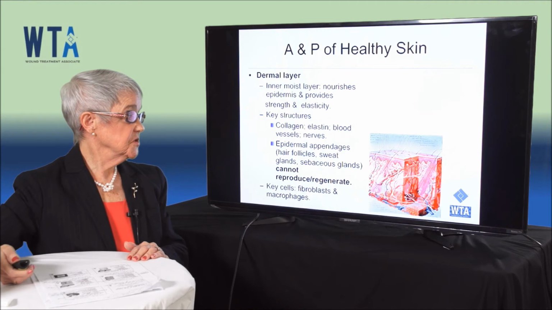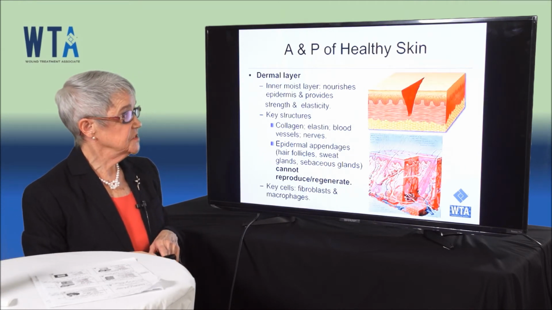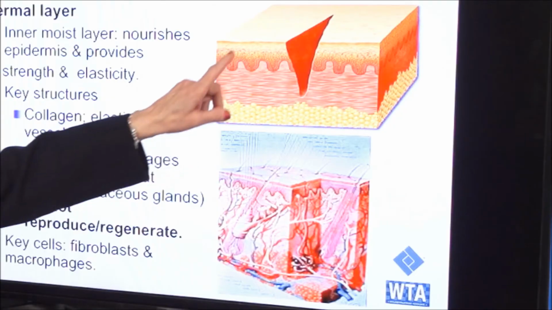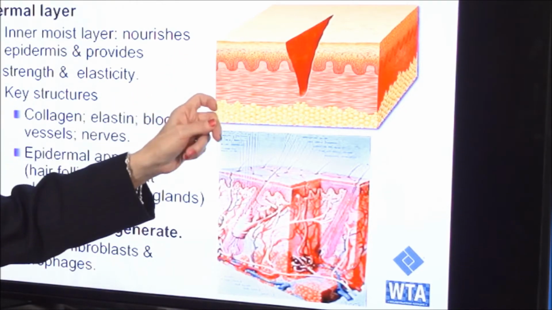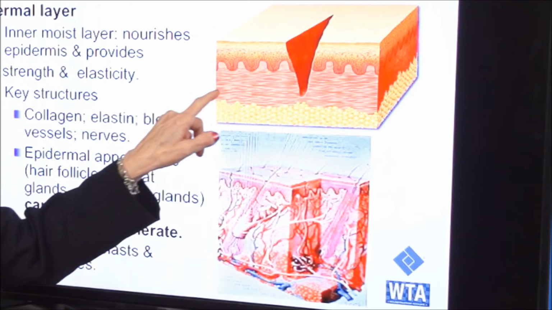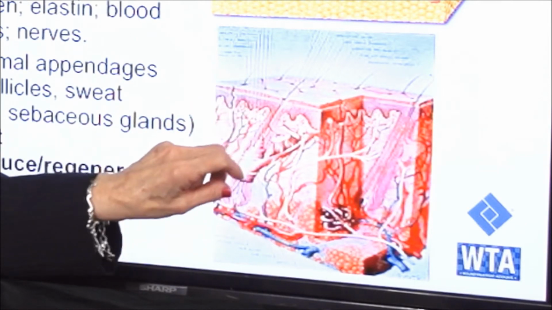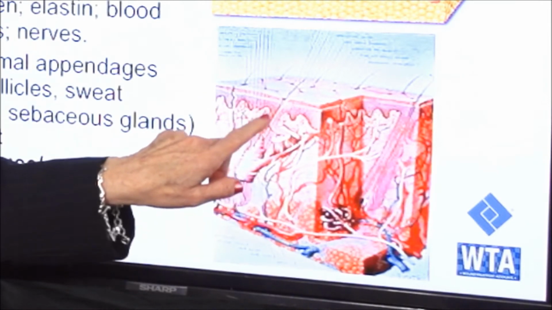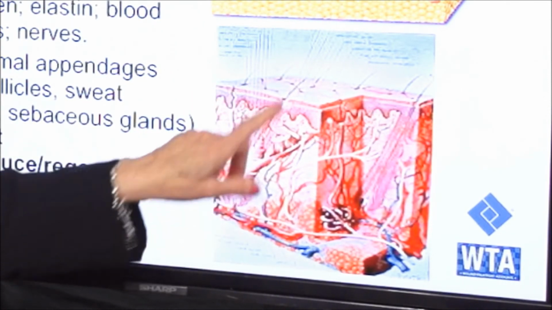Now, another feature that I'd like to point out when we think about the epidermis and the dermis, if we look at this area again here, we've got the outer dry area for the epidermis, then we have those rete pegs and ridges, and then this is our dermal tissue that's here. Now, normally when we look at our skin, we'll see that there are hair follicles and sweat follicles and appendages that are there.